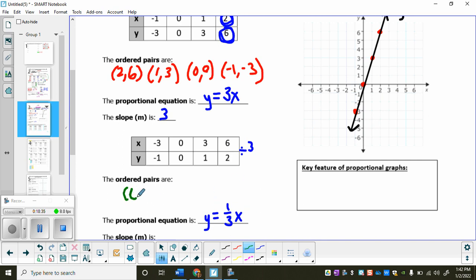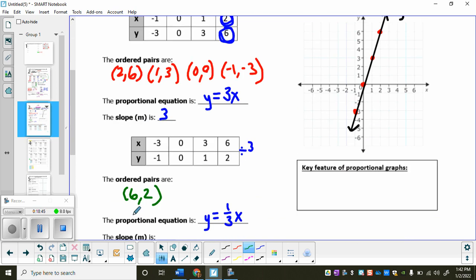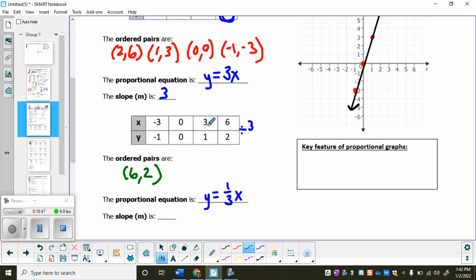So my input, 6, gives me an output of 2. And that's what I'm saying up here. An input gives me an output. And when I have the input output, it's now just an ordered pair. All right? If I take 1/3 of 3, so 3 is my input, I take 1/3 of it, my answer is the 1.